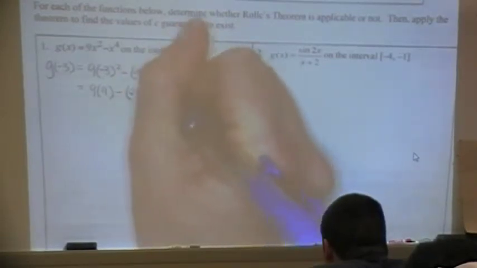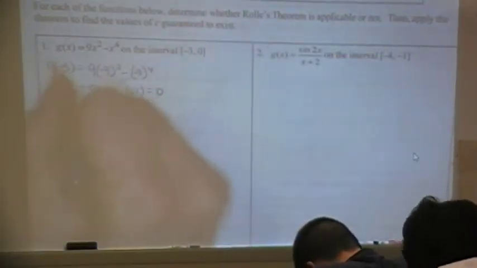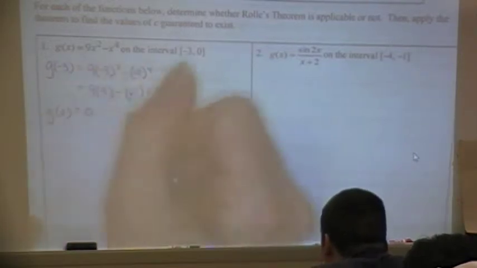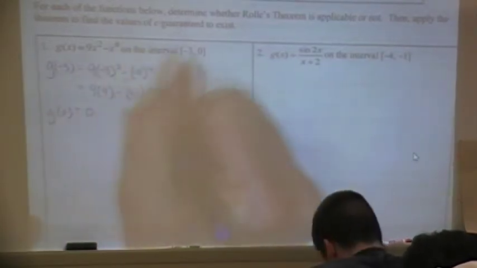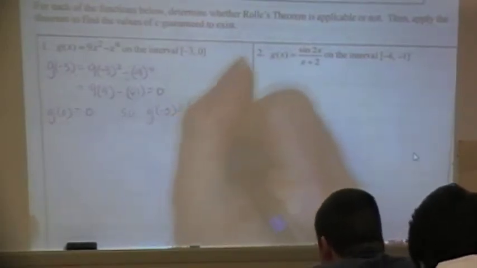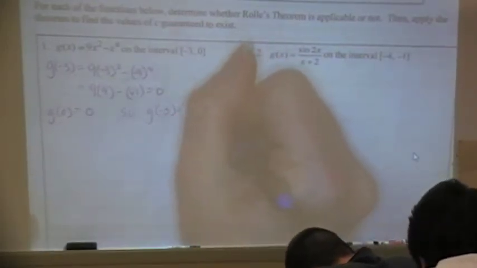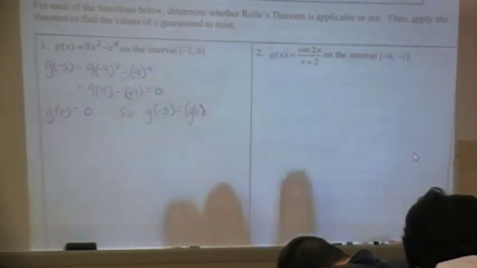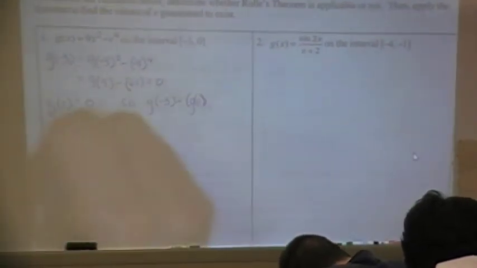So it equals 0, doesn't it? Yes, it does. And g of 0 obviously equals 0. So Rolle's theorem applies.